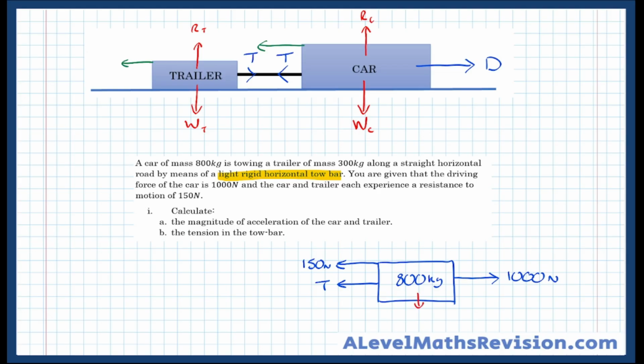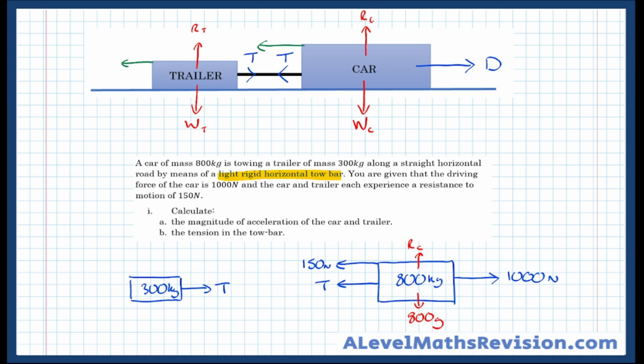Again, for completeness, we could say 800g is the weight, and there we have the reaction of the ground on the car. So there's the diagram showing all of the forces acting on the car. Let's now do one for the trailer. So there's the trailer there, and it has mass 300 kilograms, and it's being pulled forward, as far as it's concerned, by this tension in the tow bar.